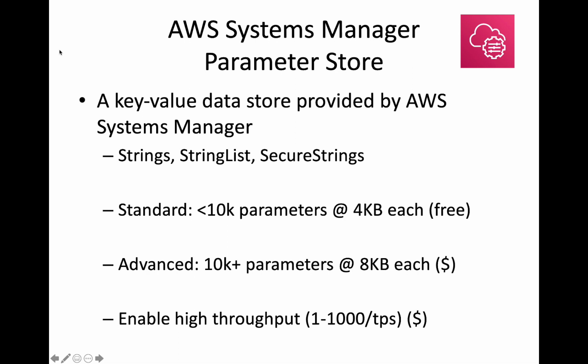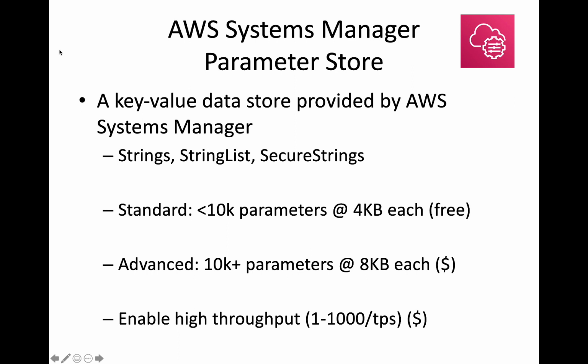There's also an advanced tier available if you need to store more than 10,000 parameters, or if you need to store larger parameters. You can also enable a high throughput mode, because the standard parameter store service is API rate limited.